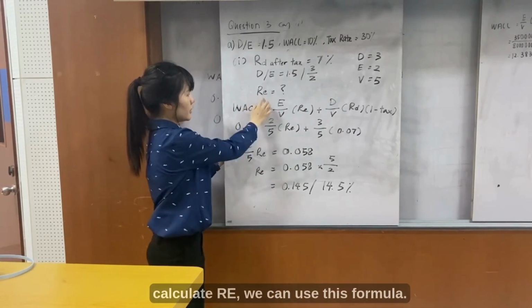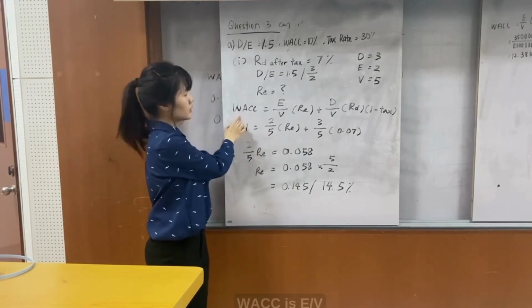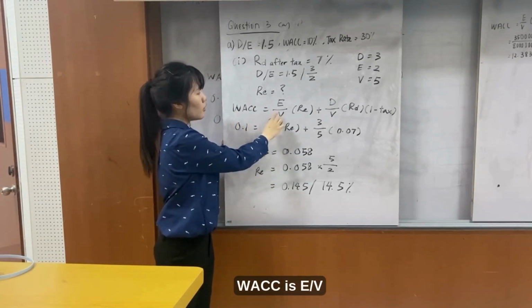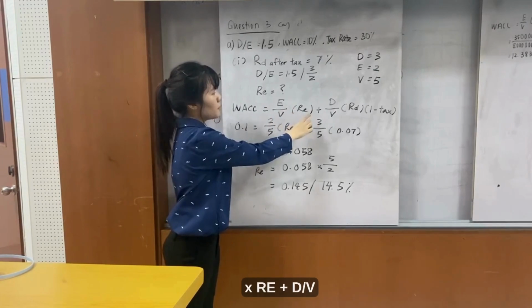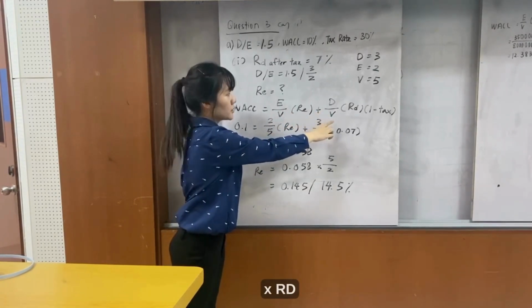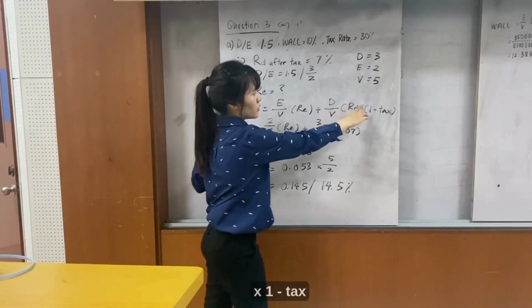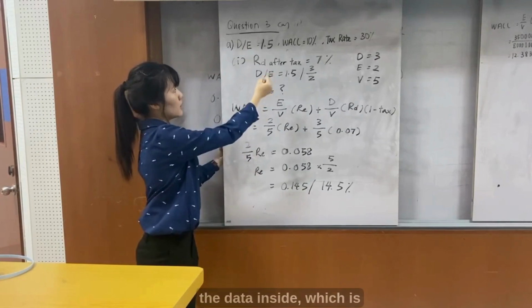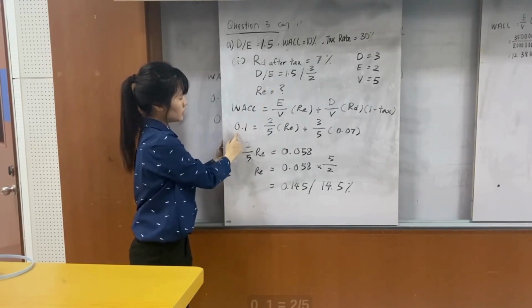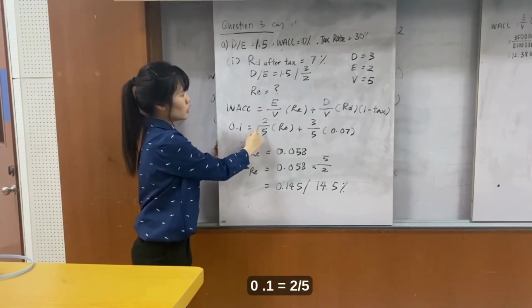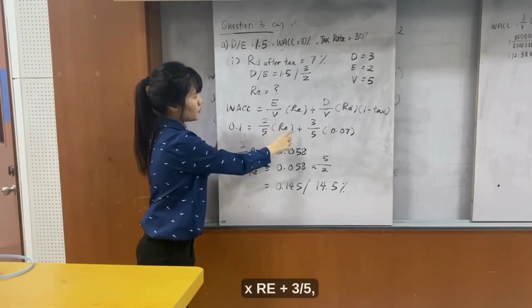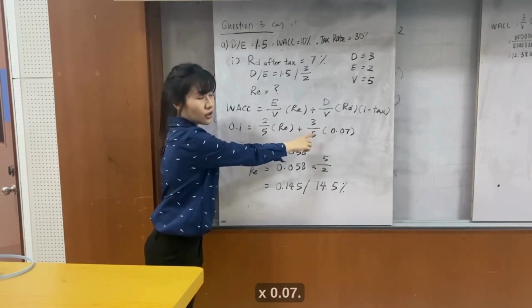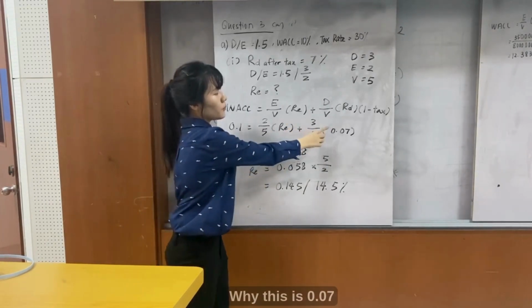To calculate RE, we can use this formula: WACC equals E over V times RE plus D over V times RD times (1 minus tax). Then we put the data inside, which is 0.1 equals 2 over 5 RE plus 3 over 5 times 0.07.